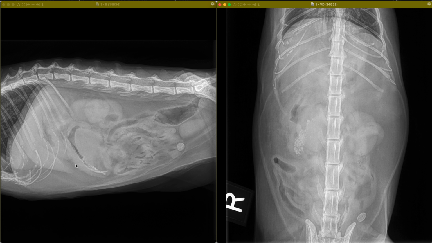We see that there's a relatively thickened margin along the cranial ventral boundary. It's very difficult to identify thickening of intestine in general on radiographs because we can't really see the beginning of the lumen and the margin of the wall. However, we do get a sense here that there is a generalized mass effect.